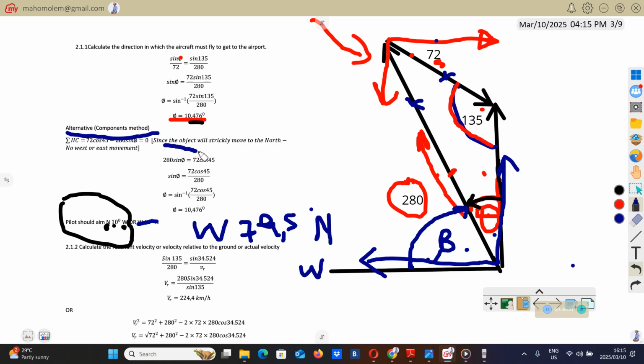As I wrote here, it's not going to move to the east or to the west. It's strictly going to move up. It's not going to take this direction; this movement would be there only if there was no wind resistance.